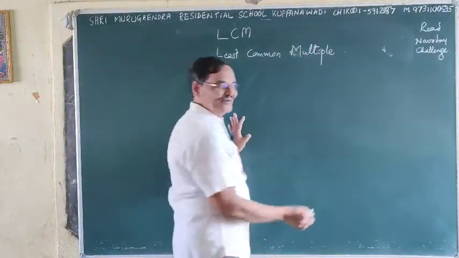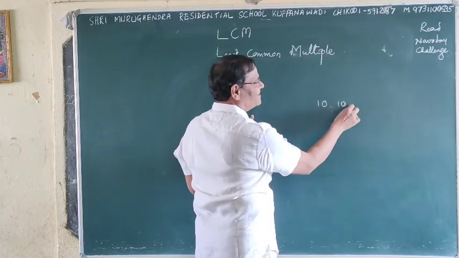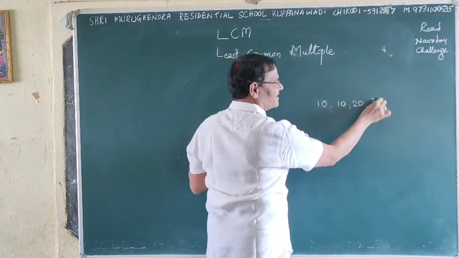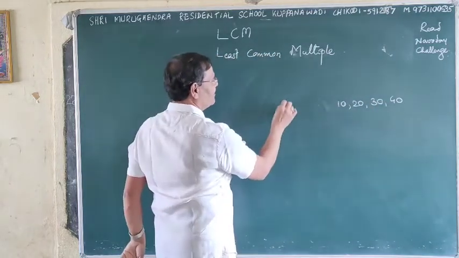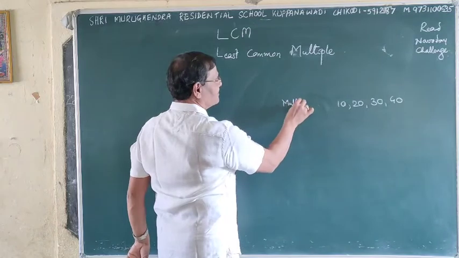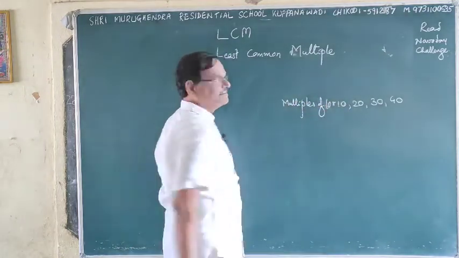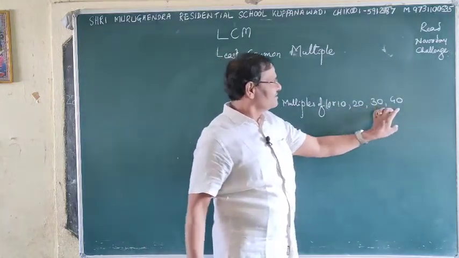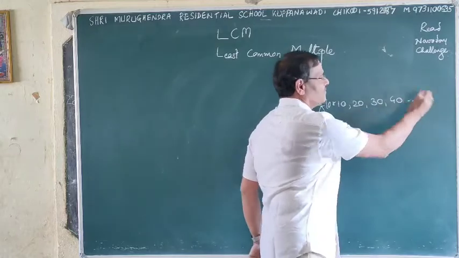Multiples, you know, tens multiples are multiples of 10: 10, 20, 30, 40. No, they are endless.